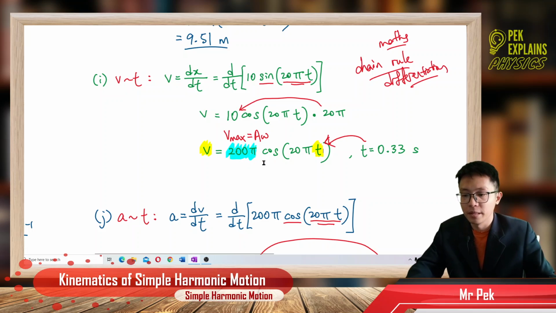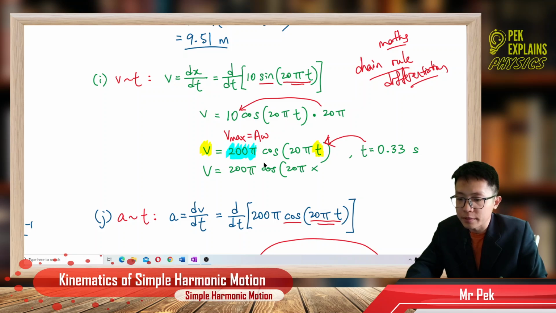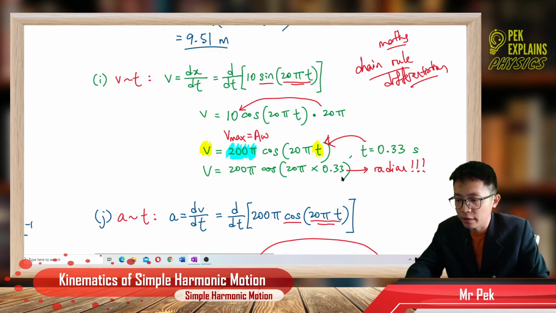Okay. Now, substitute inside. Let's do it. So we substitute 200 pi cos 20 pi times the time 0.33. Make sure when you calculate, this is in radian, again and again. Your theta must be in radian to get the correct answer.